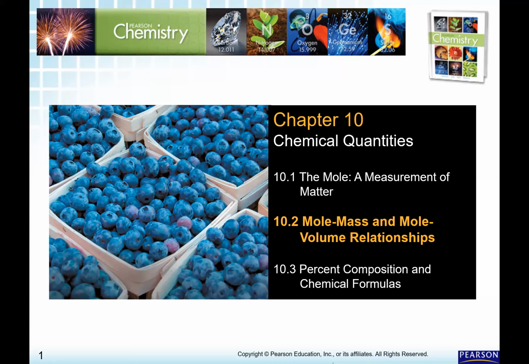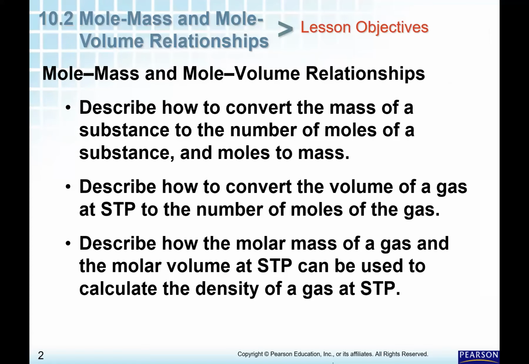So for any substance, if we can calculate the molar mass, then we can calculate the moles. And that is the idea behind the first objective here, to describe how to convert mass of a substance to a number of moles of a substance, and moles back to mass as well. So we can go from moles to mass and mass to moles.